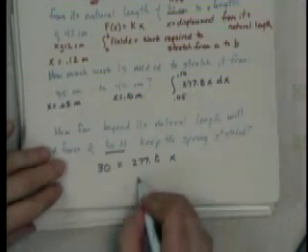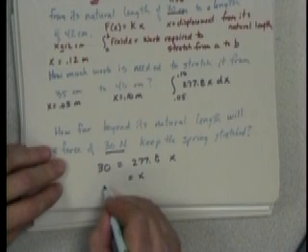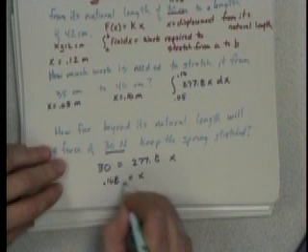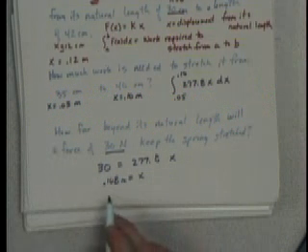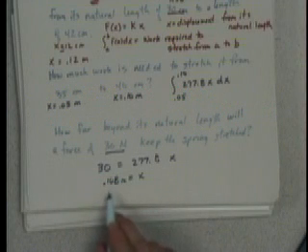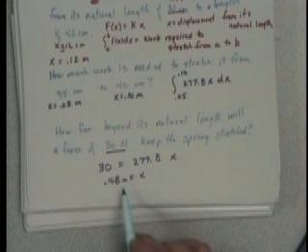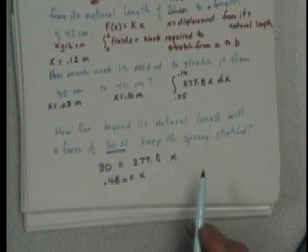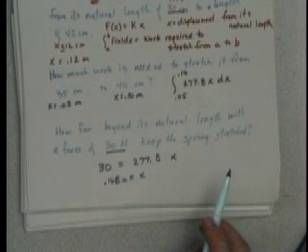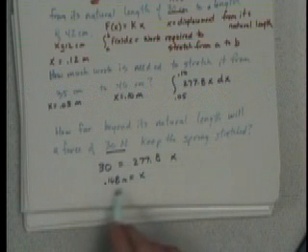So it's something like 0.108 meters, so a little over 10 centimeters from its natural length, so out to almost 41 centimeters. But it said how far beyond, so this would be the answer to that.